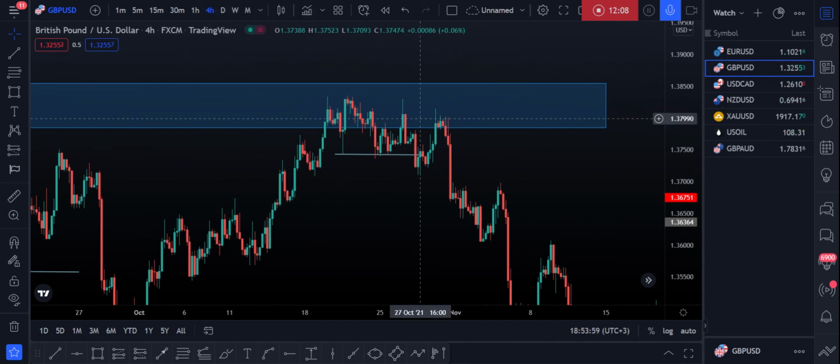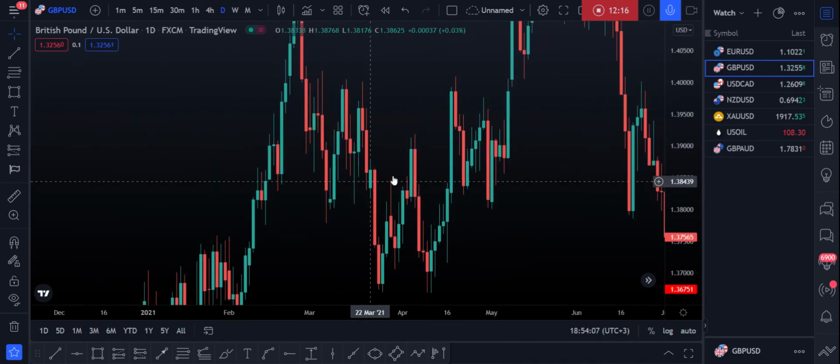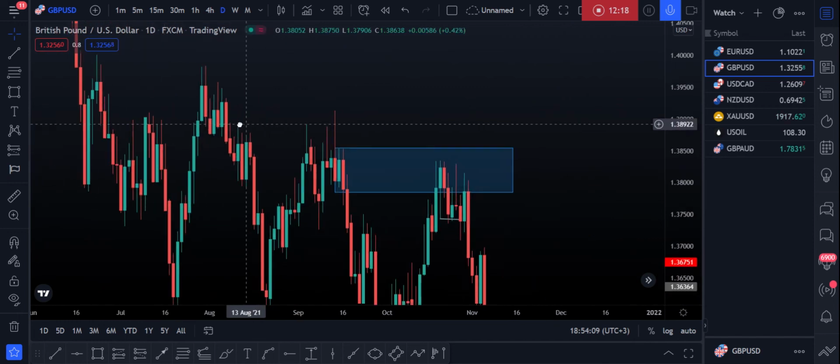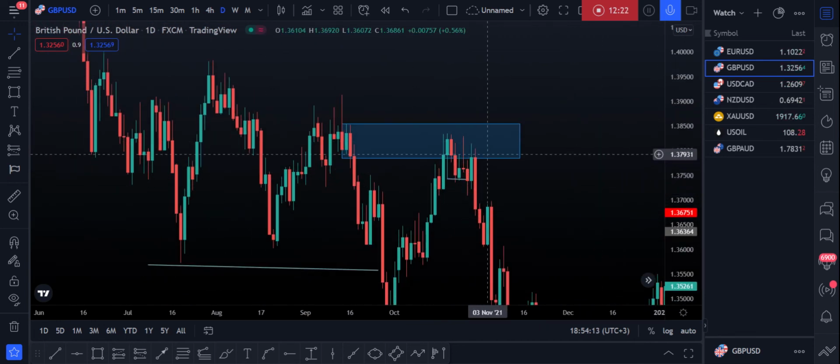Going back to the daily and identifying in the daily where there is a zone that caused the break. So looking into the daily, it's clear that the break of these lows originated from here.